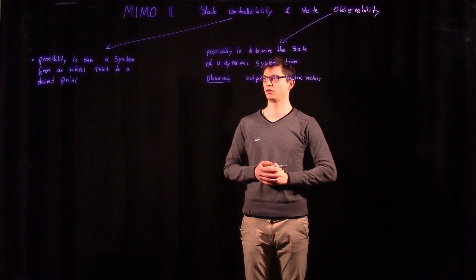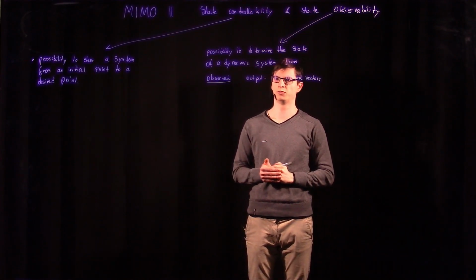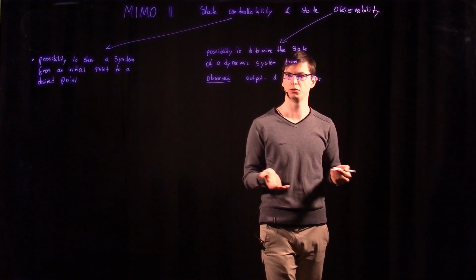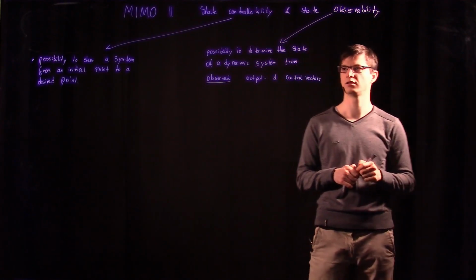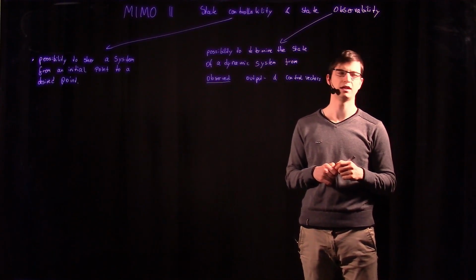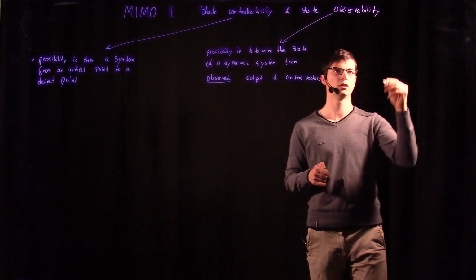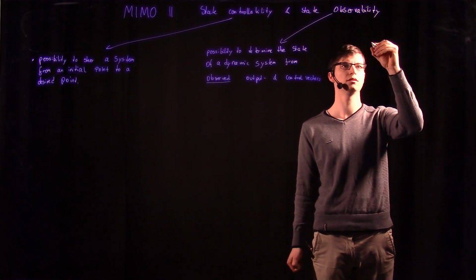What kind of system do we want to look at? We will write down the state representation of a system to analyze this.